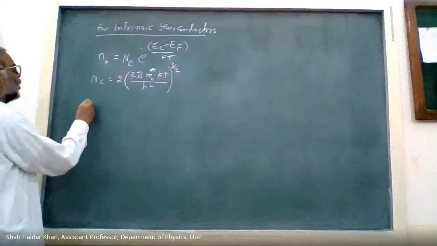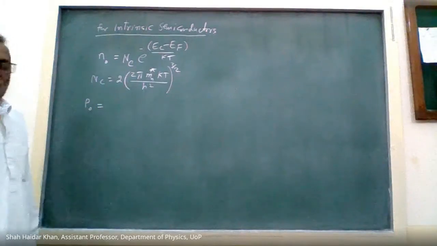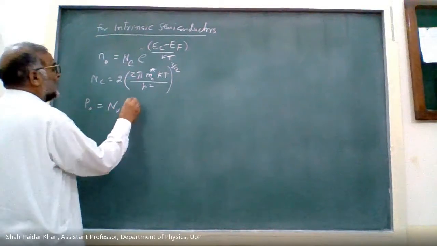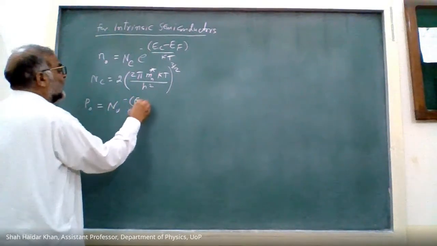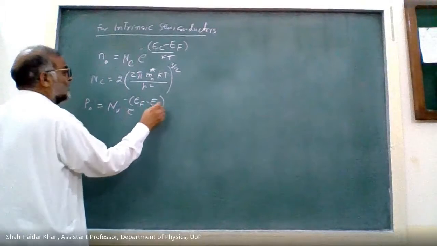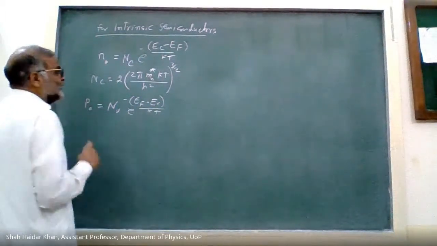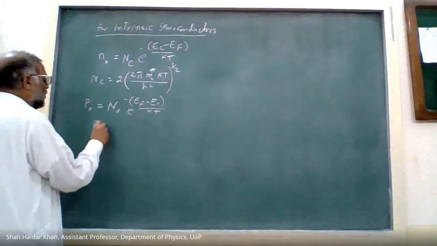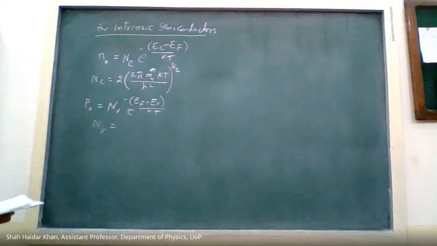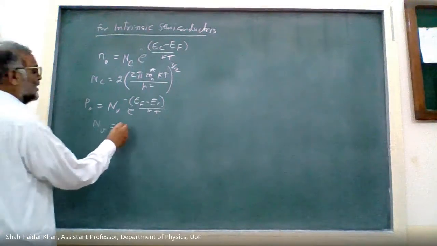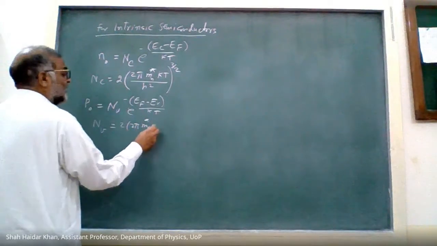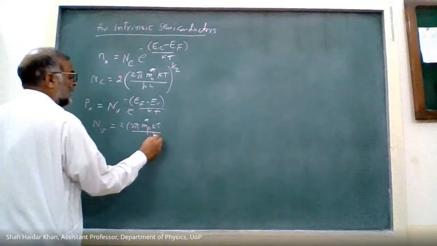Now, also the hole concentration in the valence band was equal to Nv times e to the power (Ef minus Ev) divided by kT, where Nv is equal to 2 times (2 pi Mp star kT over h squared) to the power 3 by 2.